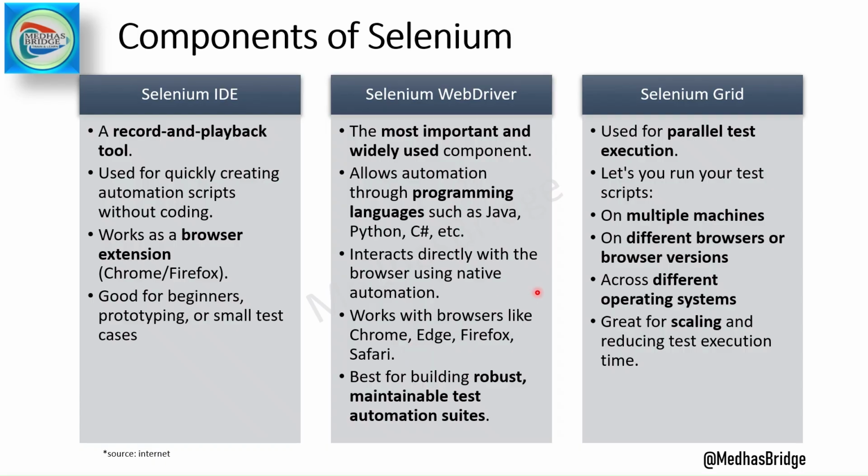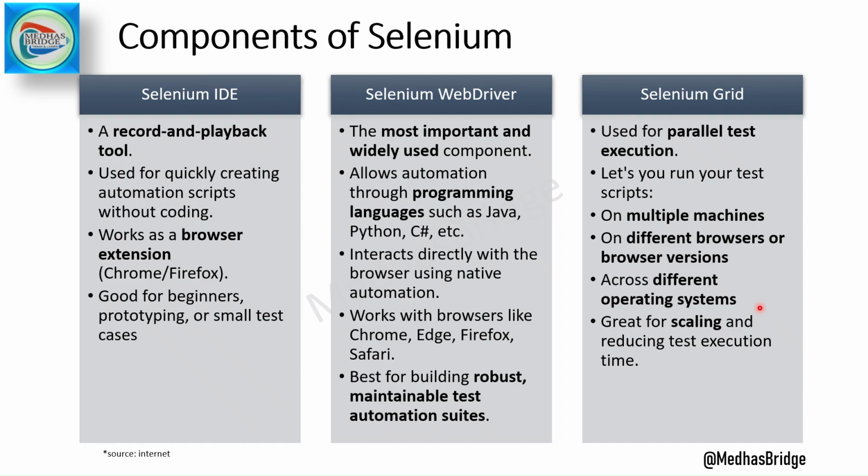Now let's look at Selenium Grid. What is Selenium Grid for? Selenium Grid is used for parallel test execution. It lets you run your test scripts on multiple machines, on different browsers or different versions across different operating systems. Great for scaling and reducing test execution time.